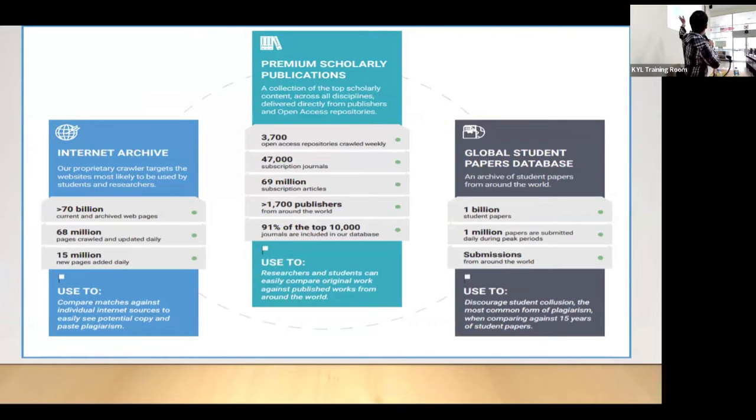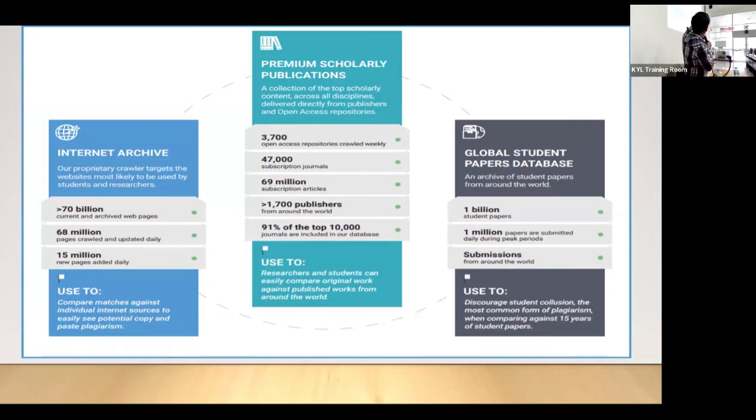On the left hand side is the internet source. iThenticate and Turnitin have checked back through the internet archive, back to 15 years. Not only English, Thai, Bahasa, but any languages that people commonly copy.